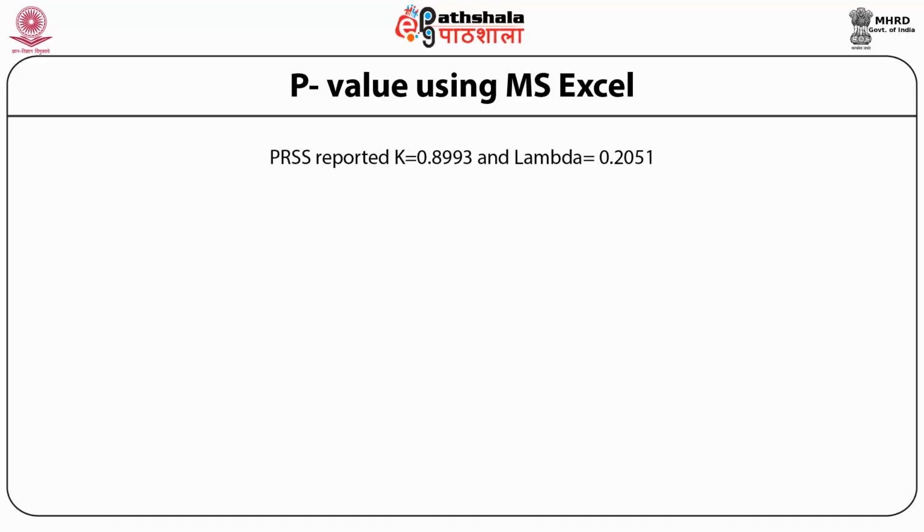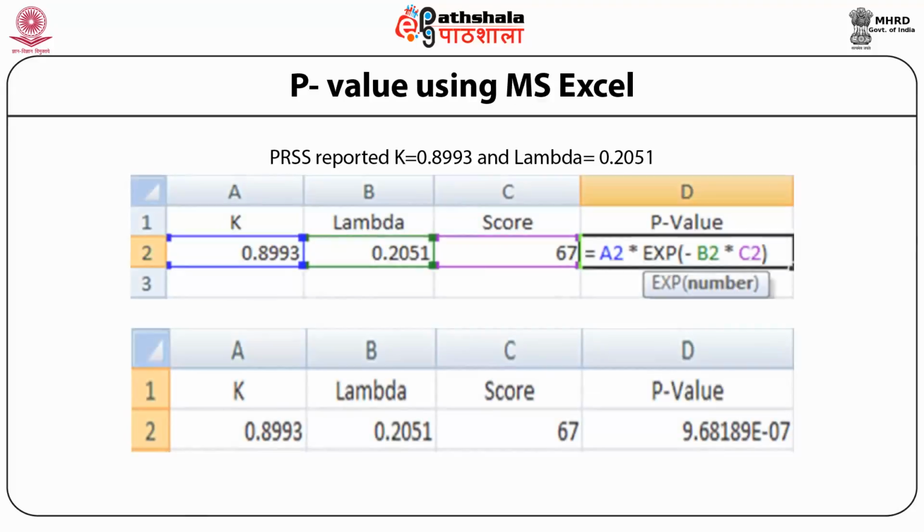The PRSS program reported K and lambda values. Enter K, lambda, score and p-value as labels in cells A to D in row 1 of the MS Excel worksheet as shown in the slide.